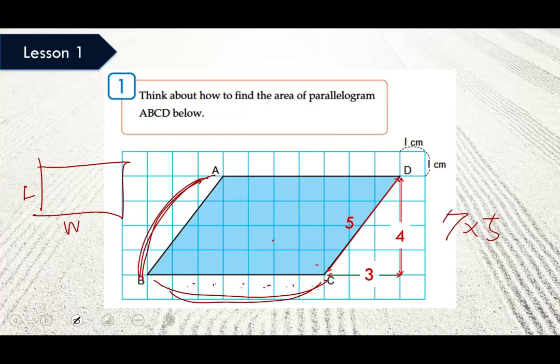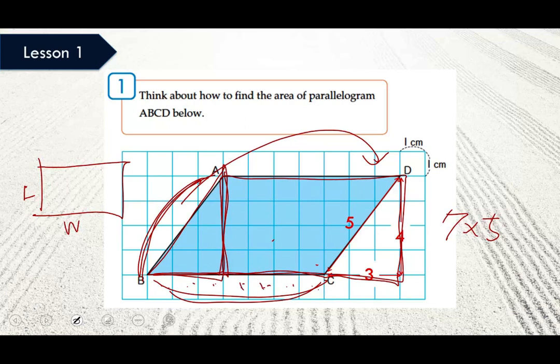Well, I do not want to have this triangle part, because that makes it difficult, since we have not learned it yet. So how about this, move this one to here? Now it becomes a rectangle with 7 times 4. Which is correct? You're going to have a discussion, a debate.